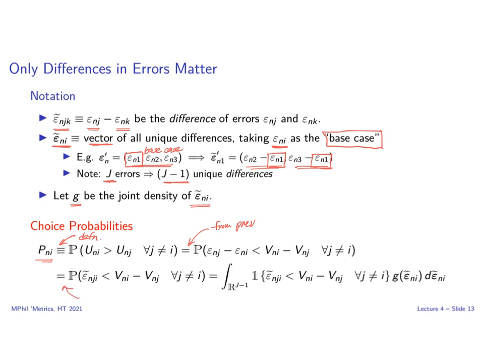Using our new notation, notice that the difference of errors on the left-hand side is epsilon tilde_nji.